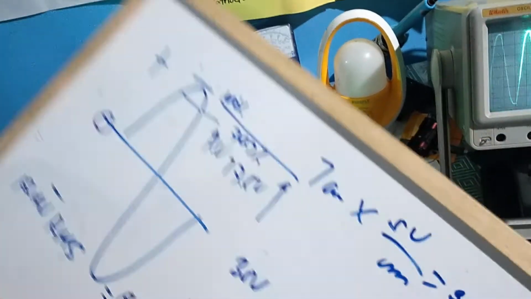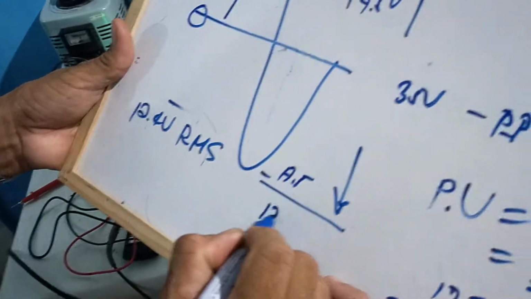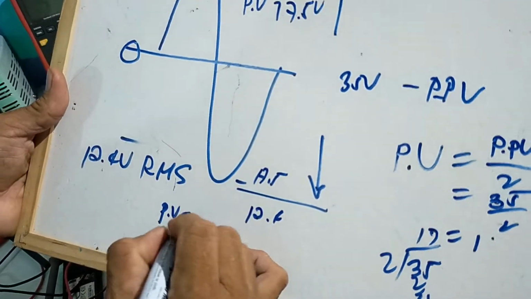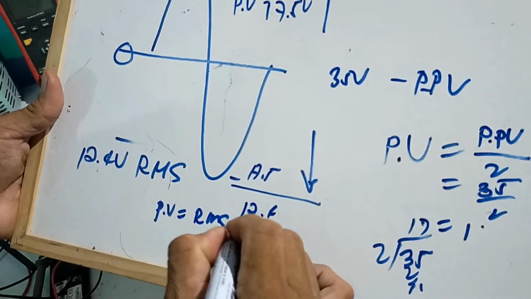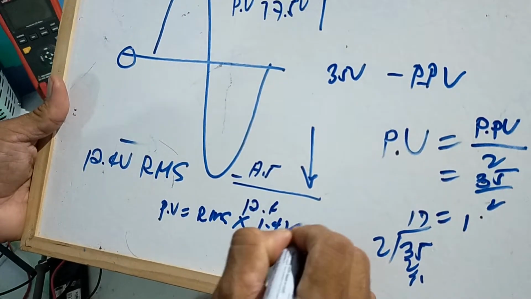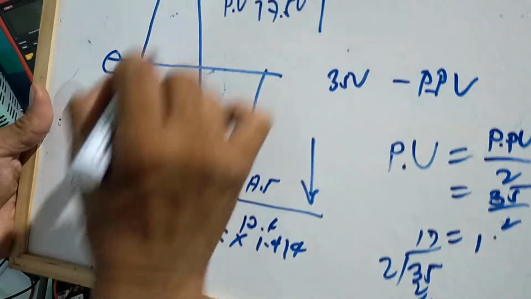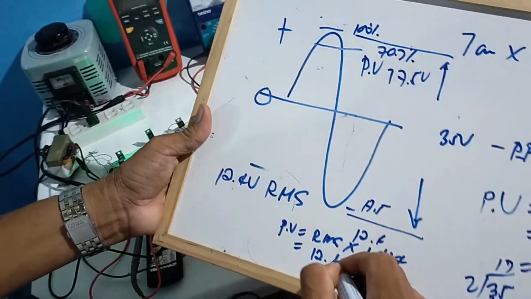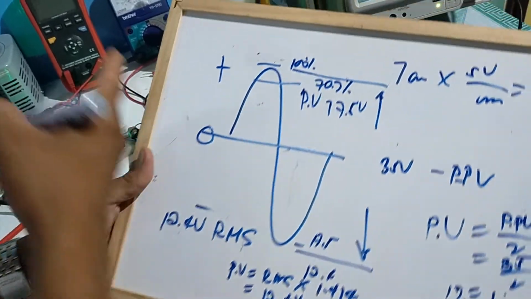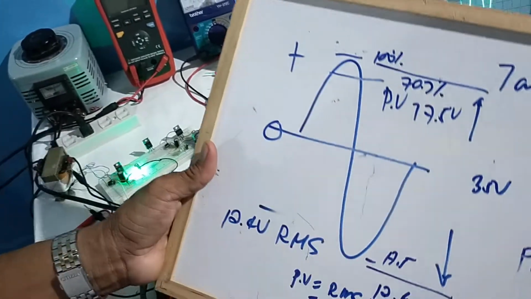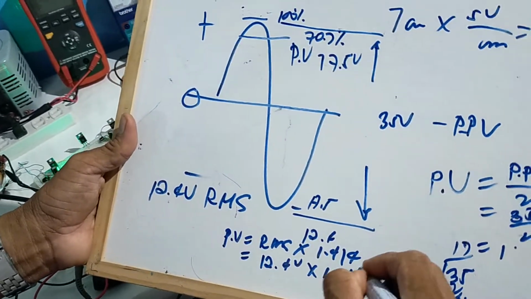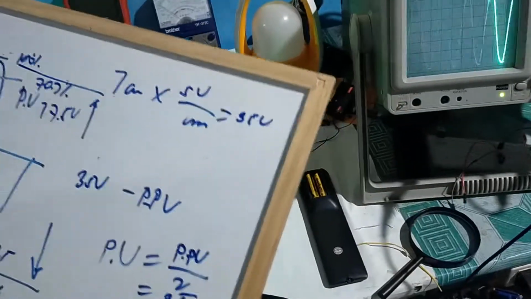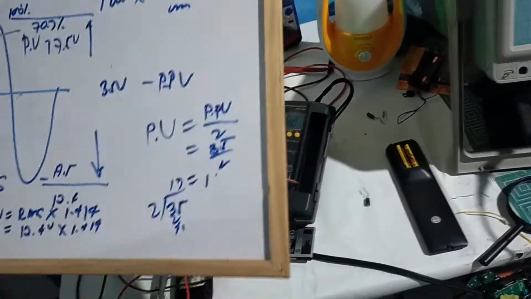So let us compute. Peak value is equal to RMS times 1.414. So RMS now is the measured value here, which is 12.4 volts, the measured value using our DC voltmeter, times 1.414. So it goes like this, class.